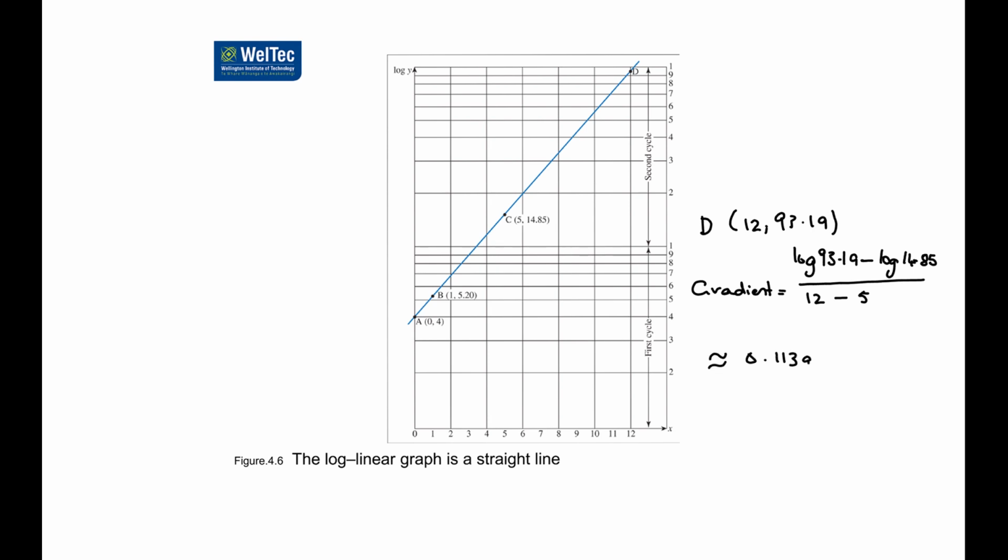0.1139. So that is the gradient, but what we're thinking is that it might be something like that. So this tells us that log y is equal to log a plus x log b.